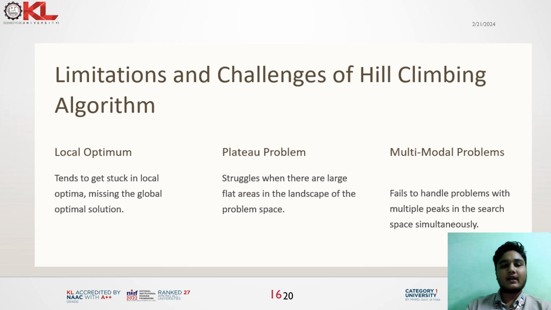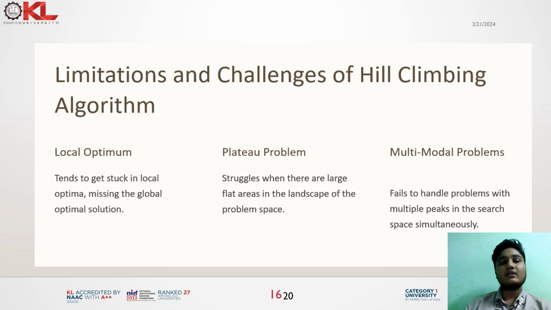Evaluate the new state. If it is the goal state, then stop and return success. If it is better than the current state, then make it the current state and proceed further. If it is not better than the current state, then continue in the loop until a solution is found. Then exit from the function. And this was shown in the previous search algorithm.